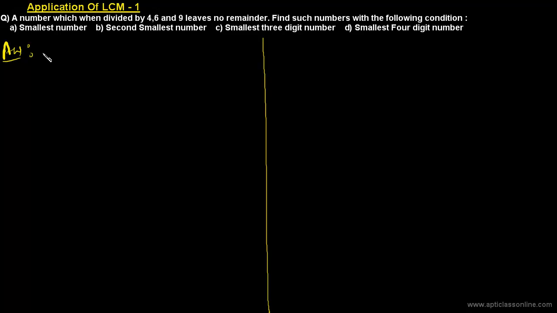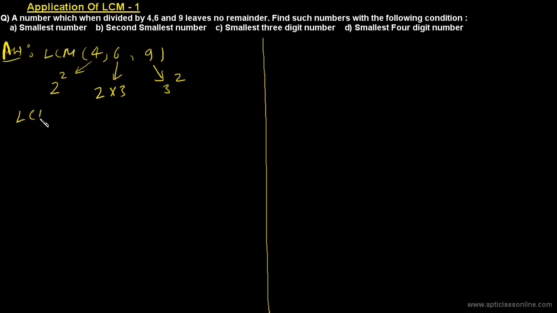So let's see what we find out if we look at the LCM of 4, 6 and 9. There are 2-3 ways by which we can find the LCM. One way is to write the individual numbers in prime factorization. 4 can be written as 2 square, 6 can be written as 2 into 3, and 9 can be written as 3 square.